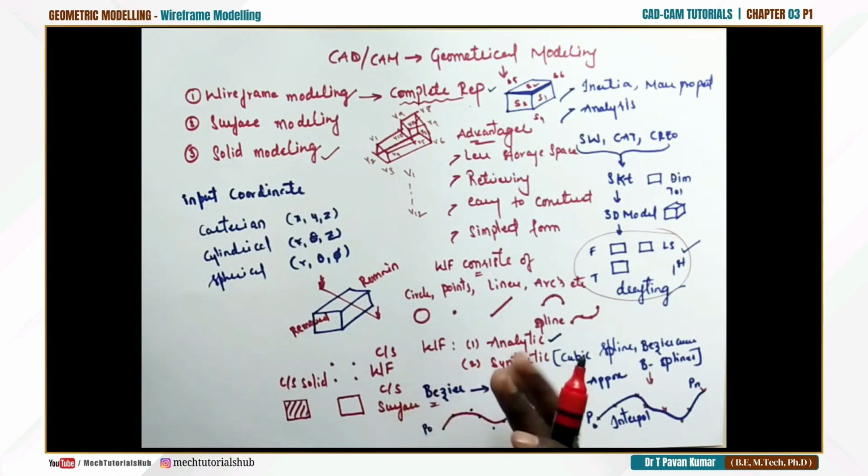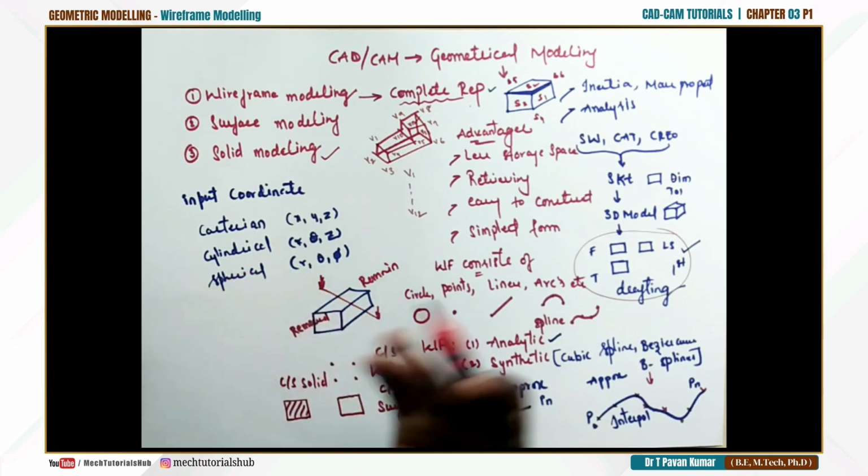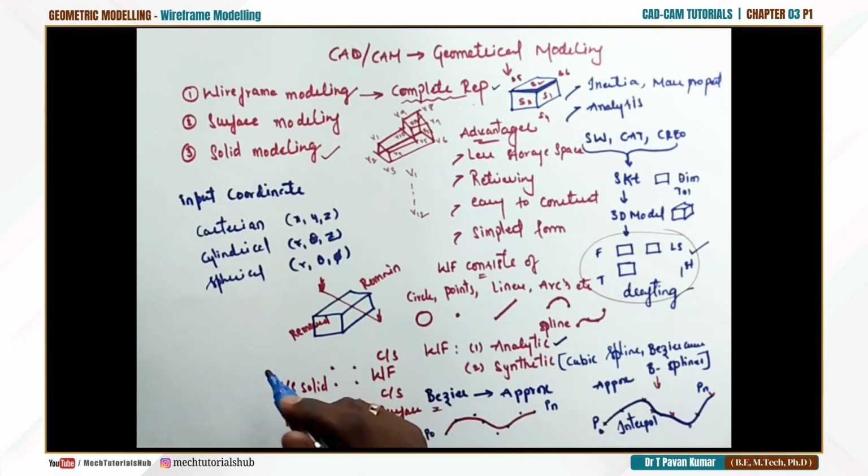Now, surface forms the base for solid modeling. Again, surface modeling has many types: plane surfaces, ruled surfaces, surfaces of revolution. Now, for cubic spline, Bezier curve and B-splines, we need to consider a few equations to get these parametric curves.